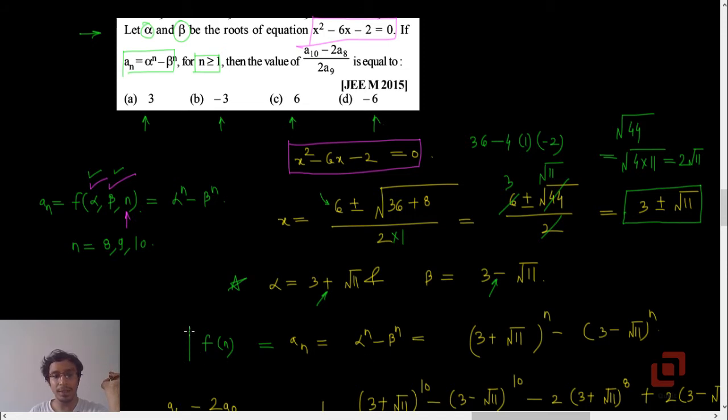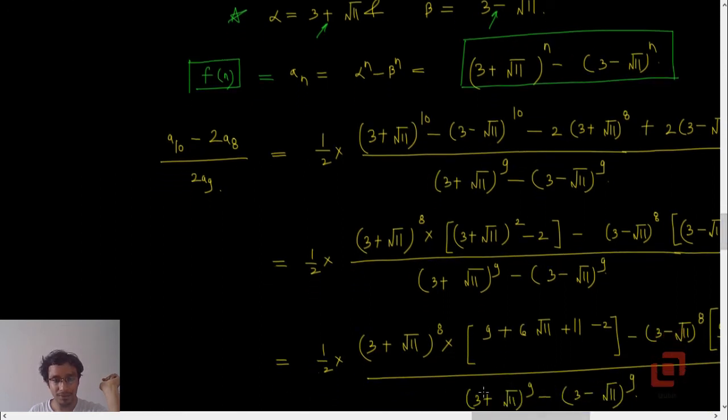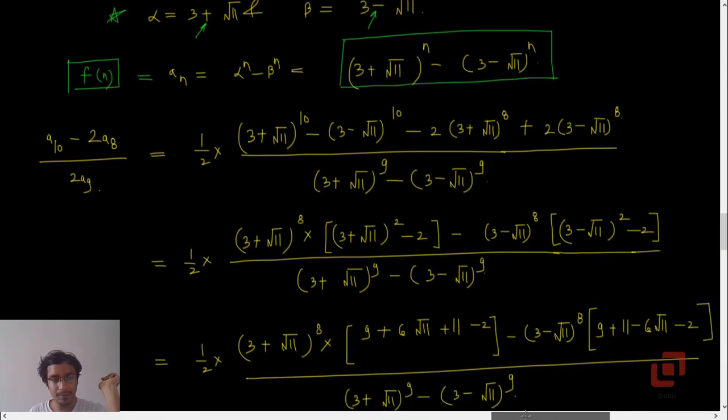Once we obtain f of n in terms of n, we will look for the value of the given expression, a10 minus 2a8 upon 2a9. So that is what I have done here. Quite a big expression. First let us focus on a10. a10 means in this expression we should write n equal to 10. So that is 3 plus root 11 raised to 10 minus 3 minus root 11 raised to 10. Then let us go to a8.